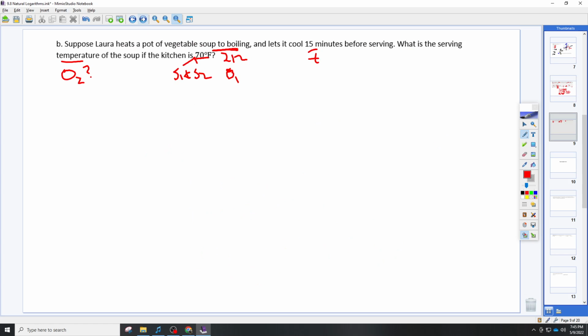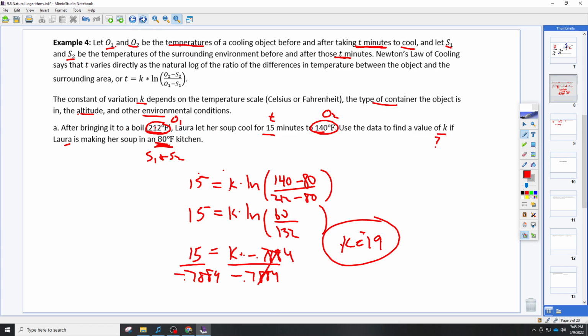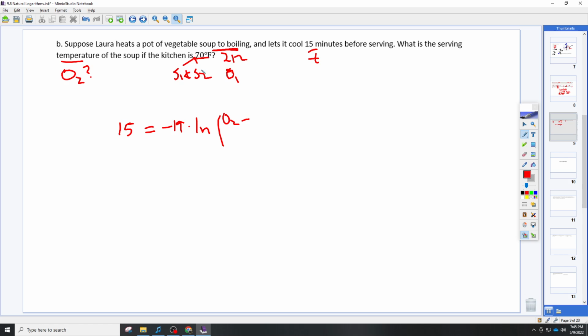Okay. So we should have 15 minutes equals negative 19, that's our K, times ln. Let's go back here. I don't know O2, so I don't know O2 minus 70, surrounding, over O1, 212 minus 70. Alrighty.